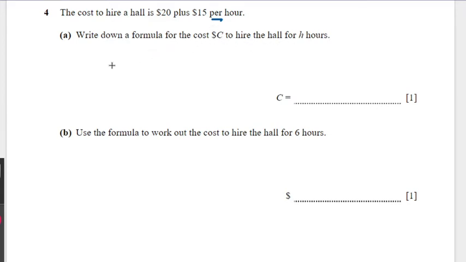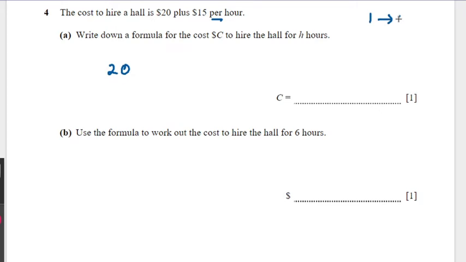Initially you pay $20 first, and then every hour you pay 15. So 1 hour is 15, 2 hours is $30, 3 hours means 3 times 15, isn't it?